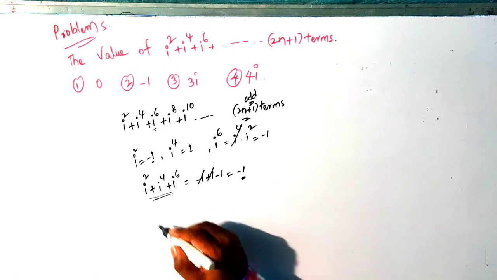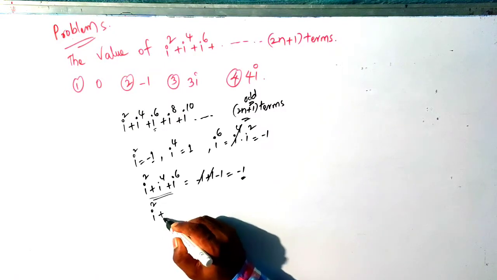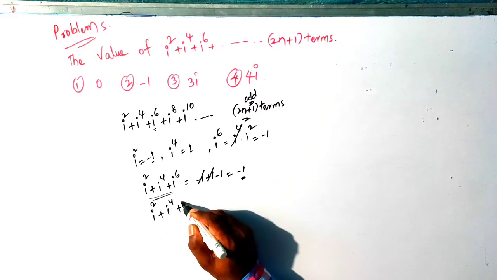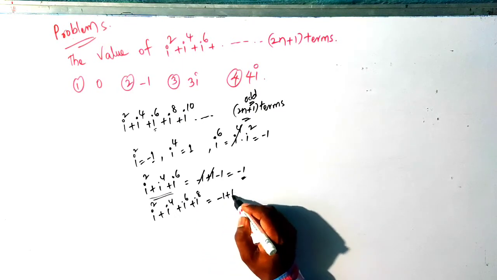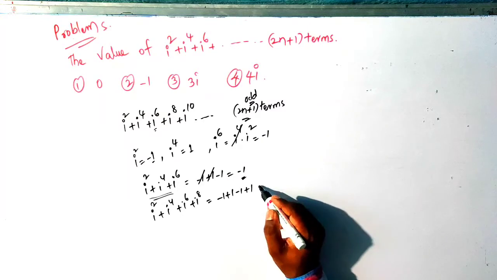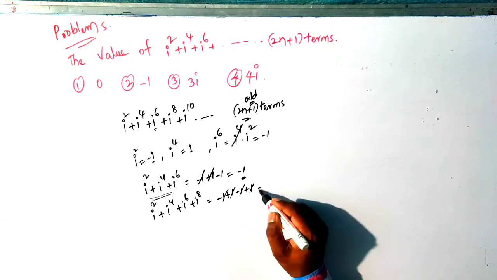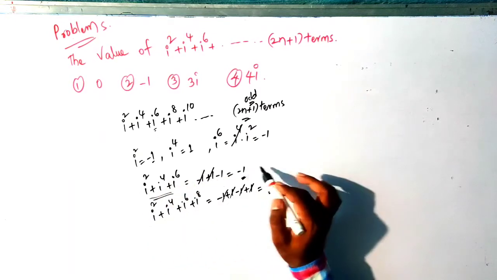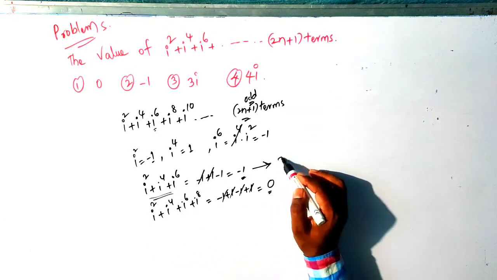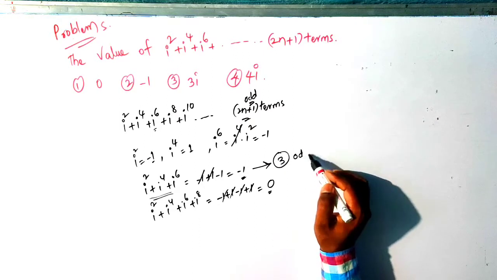Clear? Okay. Next, suppose we take i squared plus i to the power 4 plus i to the power 6 plus i to the power 8. We get minus 1 plus 1 minus 1 plus 1, which cancel, and we get 0. Clear? Observe this: how many terms are taken here? 3 terms, and 3 is odd.